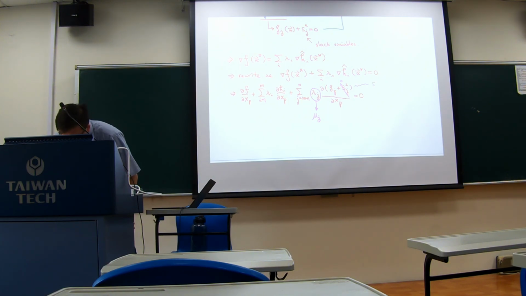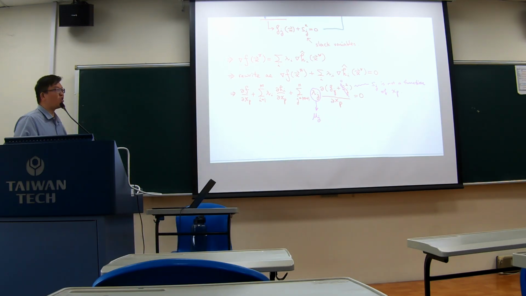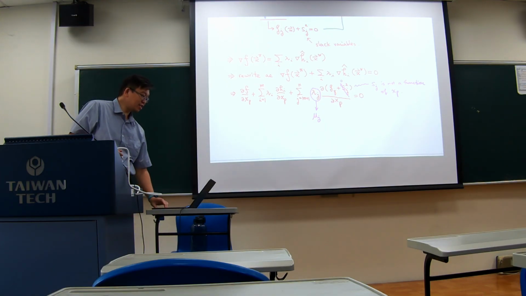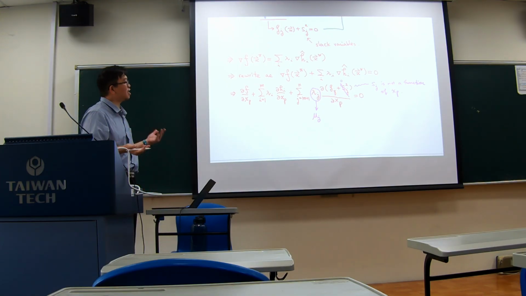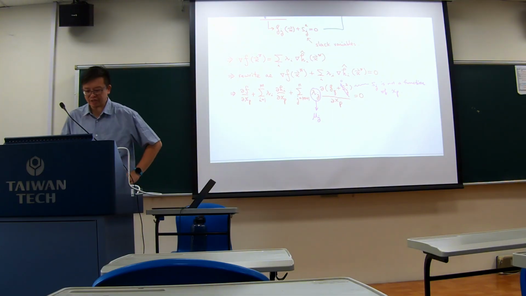Sj is not a function of x. So the partial derivative will be zero. So at the end, it ends up with the equation that you have seen last time.